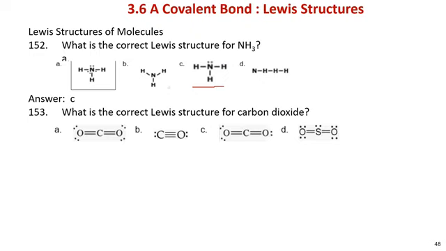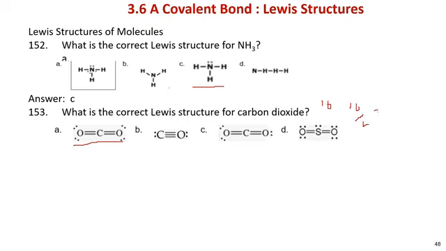What is the correct Lewis structure of carbon dioxide? If you add up 6, 6, that's 12, plus 4 is 16. 16 means 8 electron pairs: 1, 2, 3, 4, 5, 6, 7, 8. That's the correct answer.